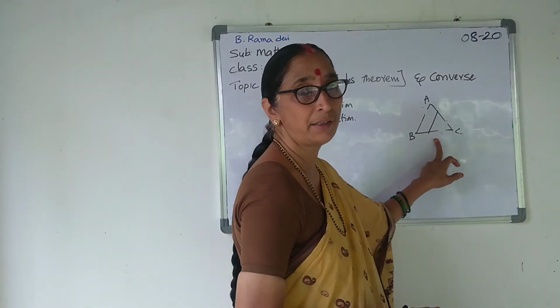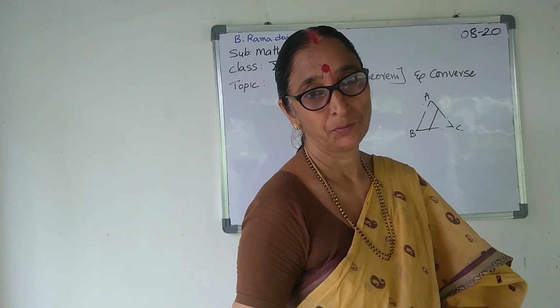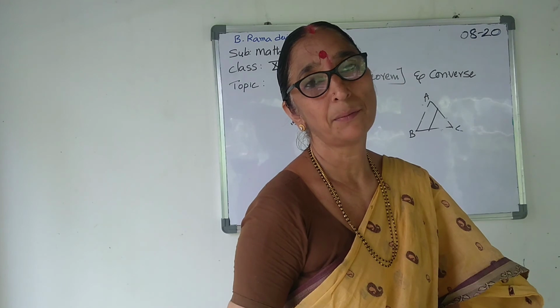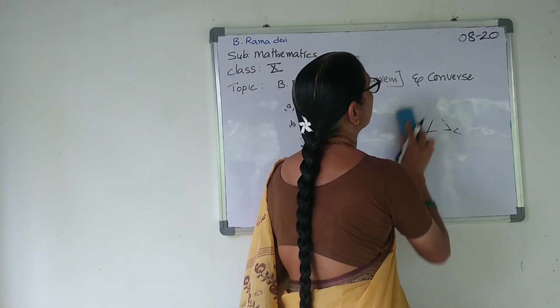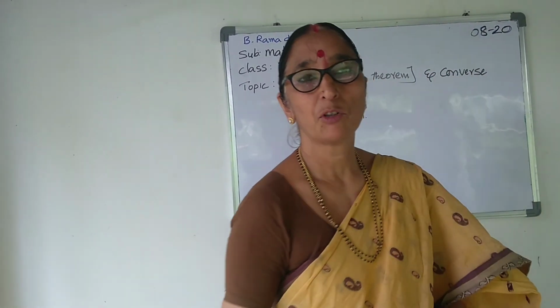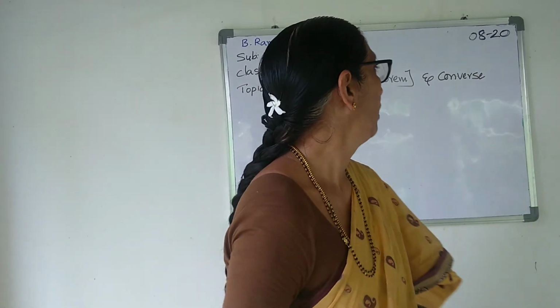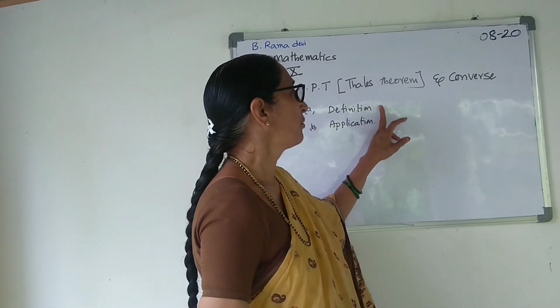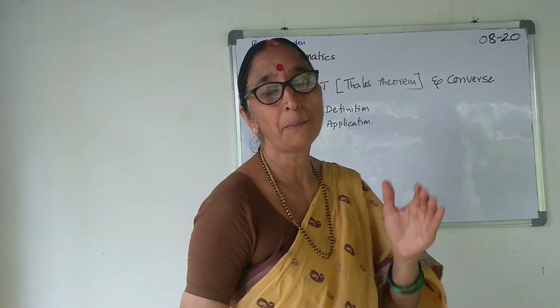AC and BC in the same ratio. This is the basic proportionality theorem. We will discuss the proof in our next classes. First, we have to define the theorem and we have to apply the theorem.